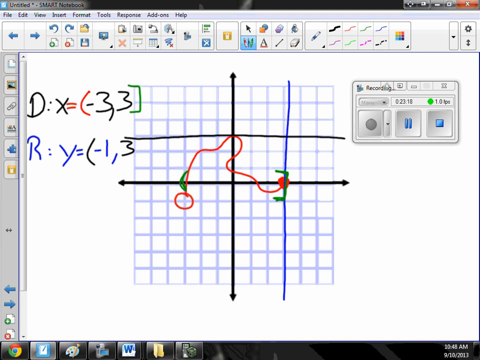Unless it says, it's always open. Okay? So this one would be a bracket. All right.